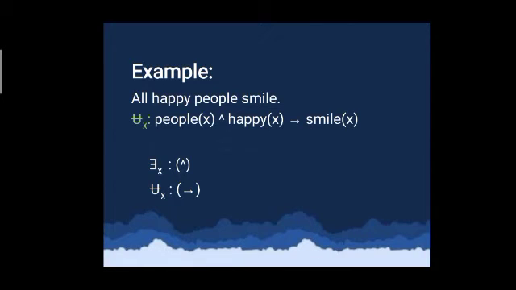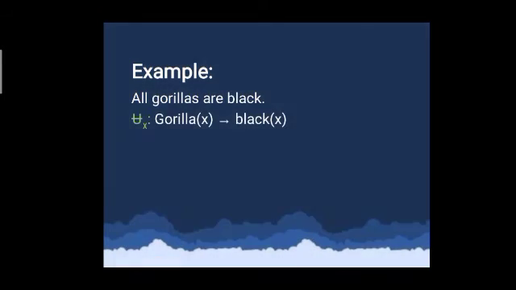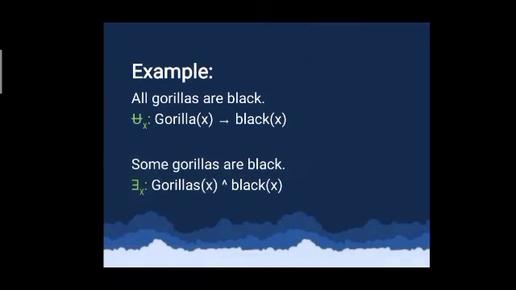So our next example is all gorillas are black. Since we have the word all, so for all X, we store gorilla in X, and it implies that all gorillas are black. Now, our next example is some gorillas are black.